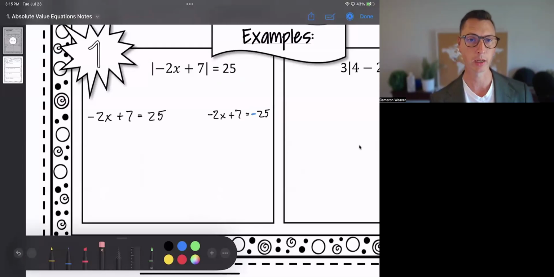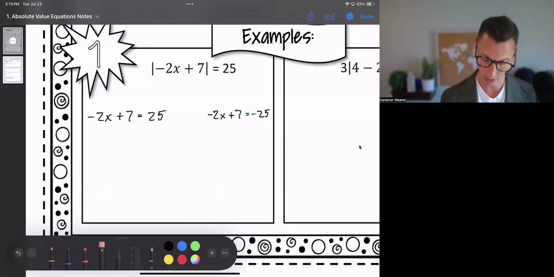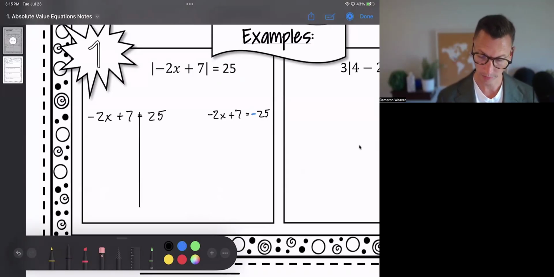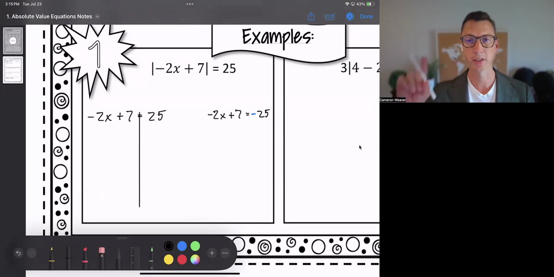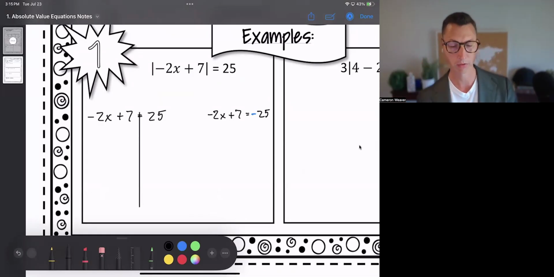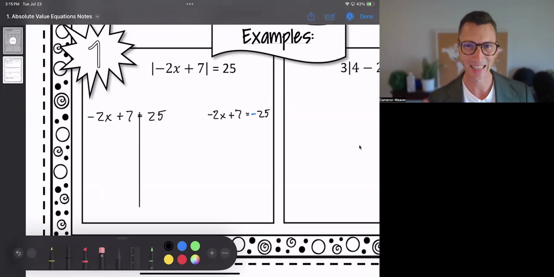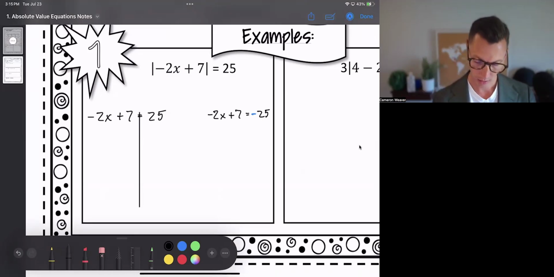So that's step 3. Now step 4, we simply solve both of these equations. Right? So I'm going to drop this line here. We want to ask ourselves, what is the first thing that we do when solving an equation? That's identifying the side the x is on and eliminating the constant. The constant is the number that is being added or subtracted from that variable. So we want to eliminate 7.